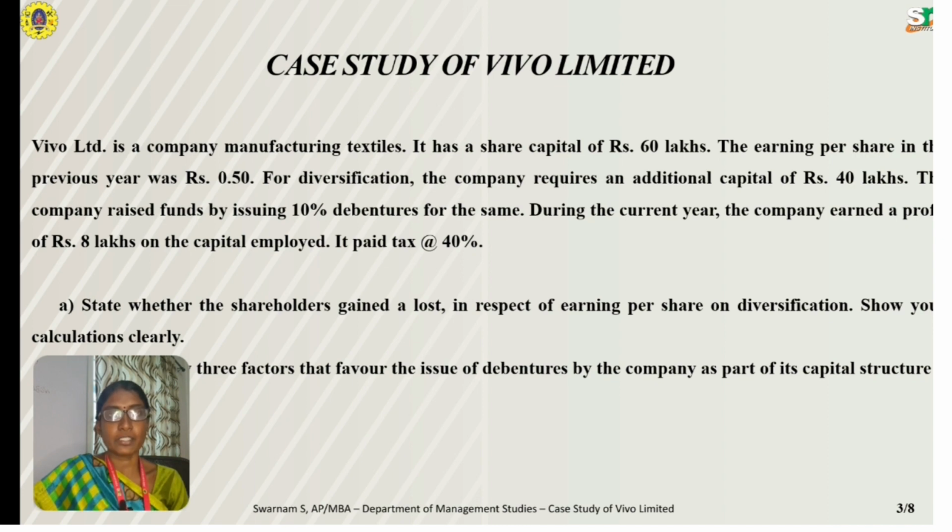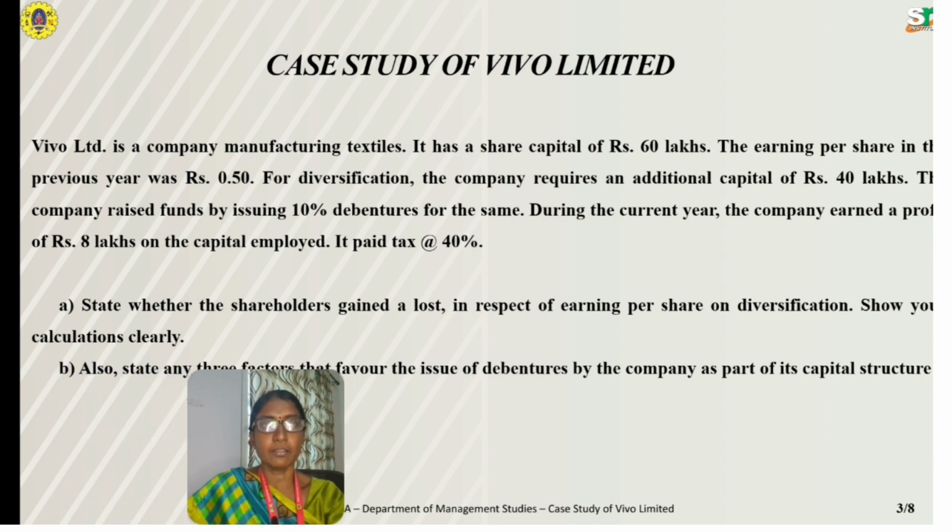The first discussion about the case is whether the shareholder has gained or lost in respect to the earnings per share in the current year on the diversification. We are going to see that along with the calculation.